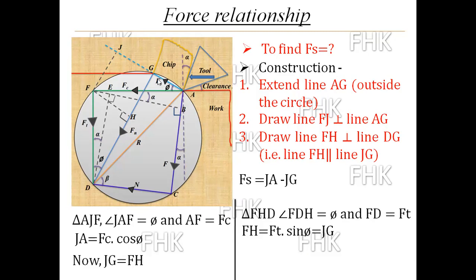So FS is equal to JA. What is JA? FC cos phi minus JG, which is FT sine phi. So you will get the value of FS is equal to FC cos phi minus FT sine phi.